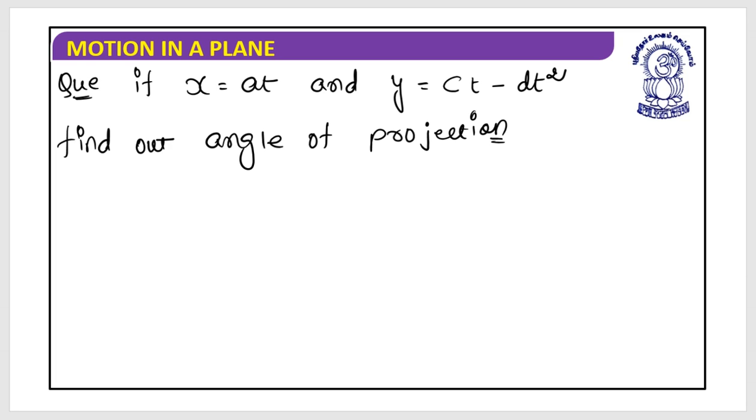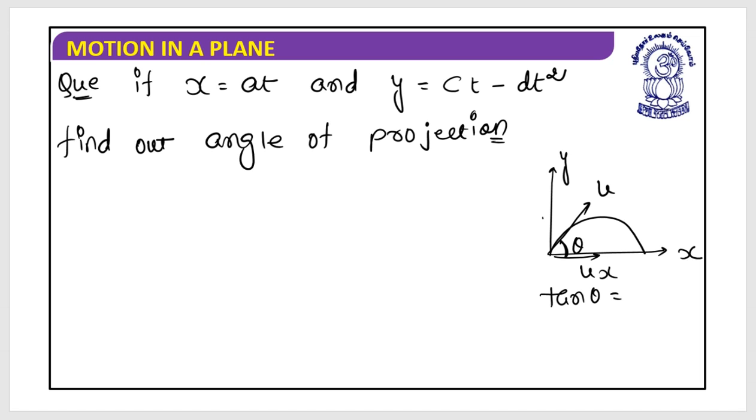So what I understood is that, let's say this is x, this is y. Suppose I make a projection like this, then this must be the velocity u and this must be the angle. So tan theta is ux and uy components, where u stands for initial.